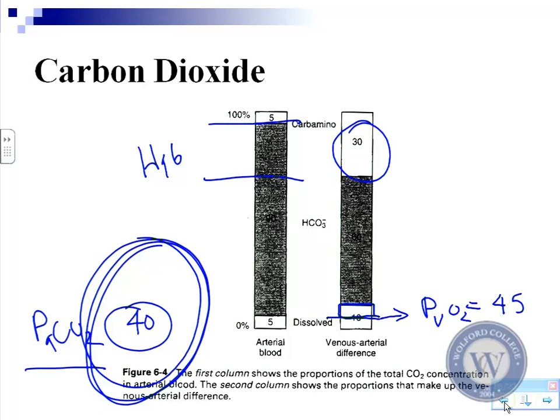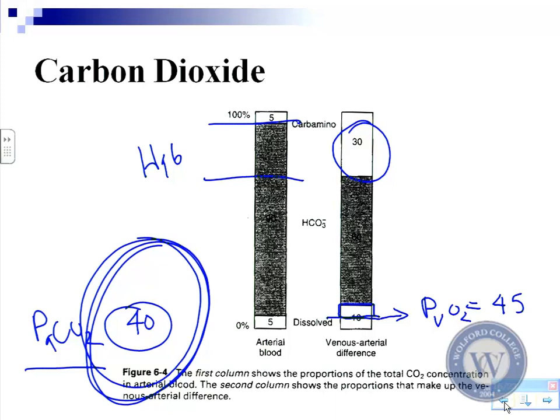For you to see the bicarb change, you're depleting a huge store. That's what I'm trying to show you here. This is a huge amount of storage capacity. If you were to measure it in liters, okay, let's say we use each one as a percentage of the liters. There's only 5% carboamino and 5% dissolved.